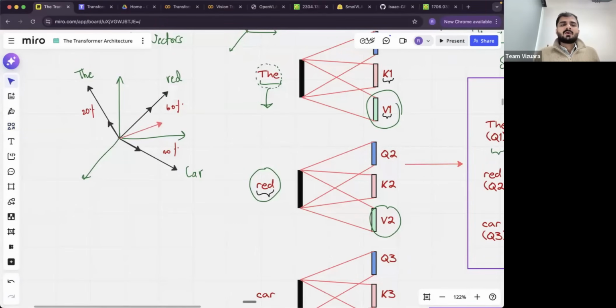Now, this is my final context vector for "the", and I do the same process for all the other tokens in my sequence. So I'll finally get three context vectors through this process. One for "the", one for "red", and one for "car".